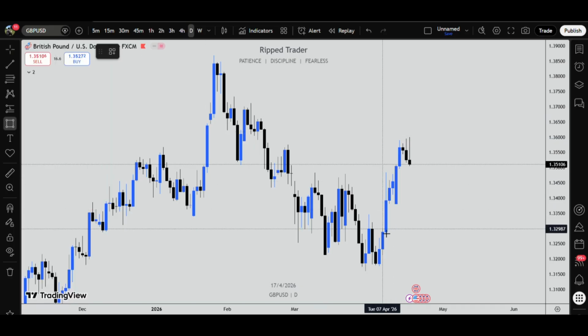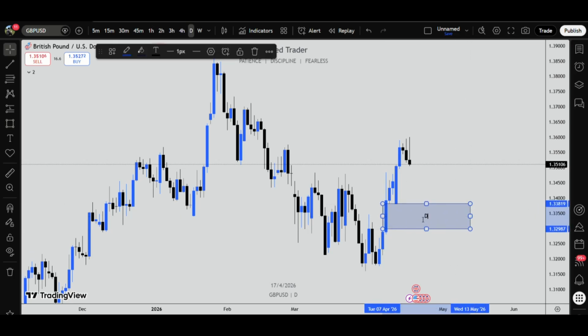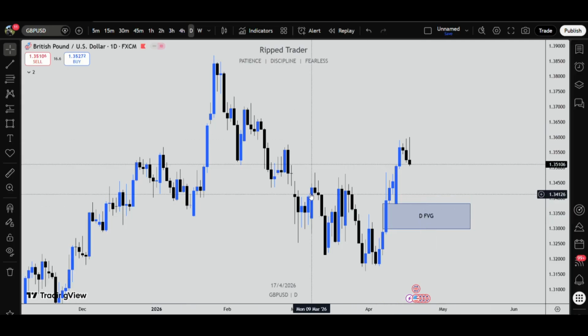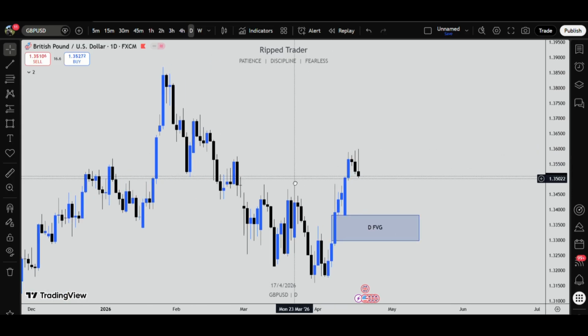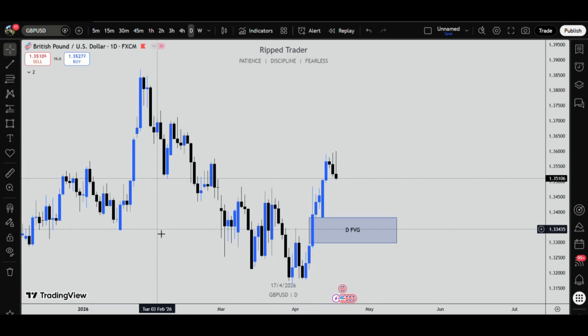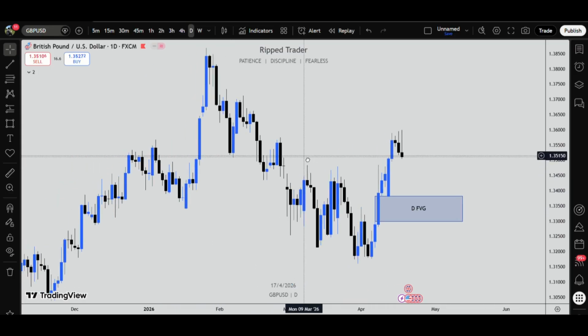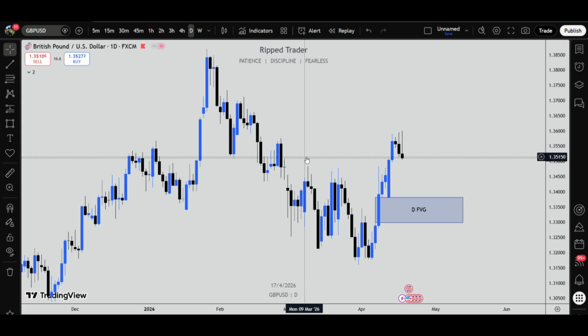And it's the same here, you see, we have the daily fair value gap on the daily time frame. When I'm preparing the chart, I only look at the higher time frames. As long as you are not looking at the higher time frame chart, your trades can't be successful. How can you place a trade without knowing the actual direction of the market?